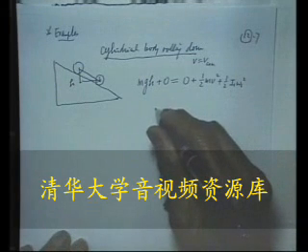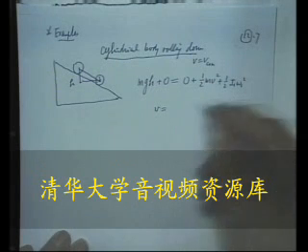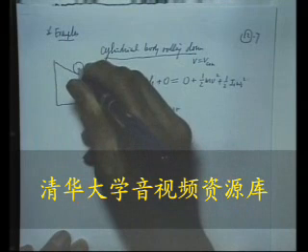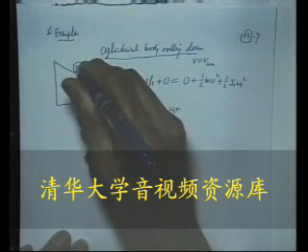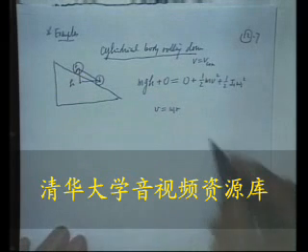But there's a relationship between velocity and omega. Velocity is omega times the radius, which is called r. If it does not slip, then omega has to be equal to this.